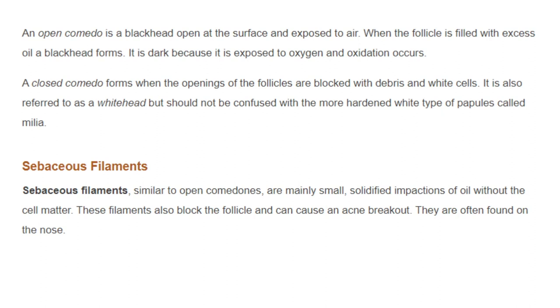When the follicle is filled with excess oil, a blackhead forms. It is dark because it is exposed to oxygen and oxidation occurs. A closed comedo forms when the openings of the follicles are blocked with debris and white cells. It is also referred to as a whitehead but should not be confused with the more hardened white type of papules called milia.